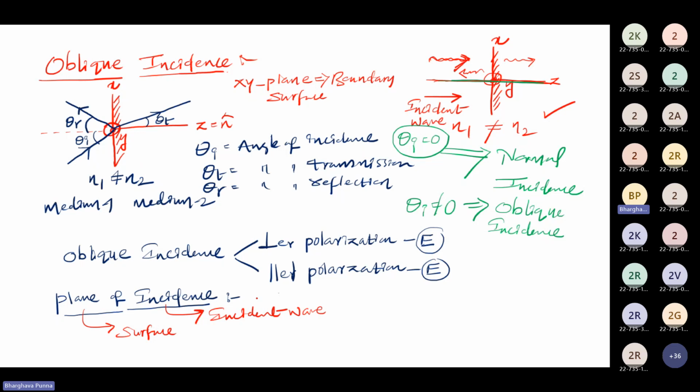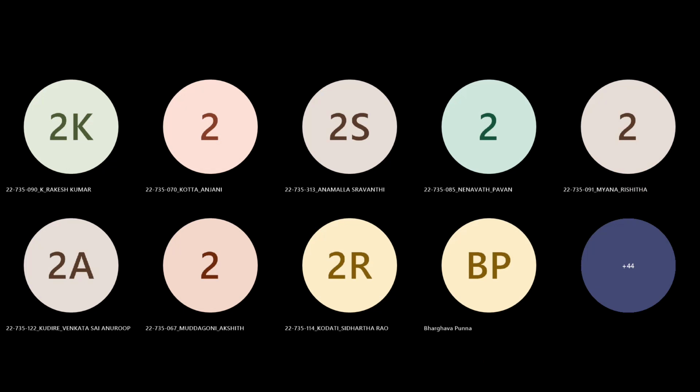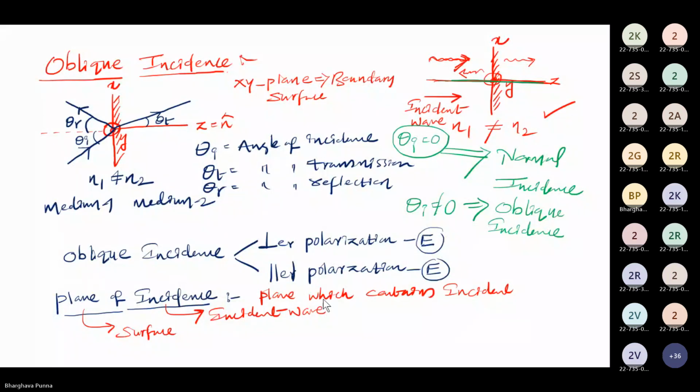So the plane of incidence is the plane which contains the incident wave, that means the incident wave's direction of propagation, and the normal to the interface, the normal to the boundary.